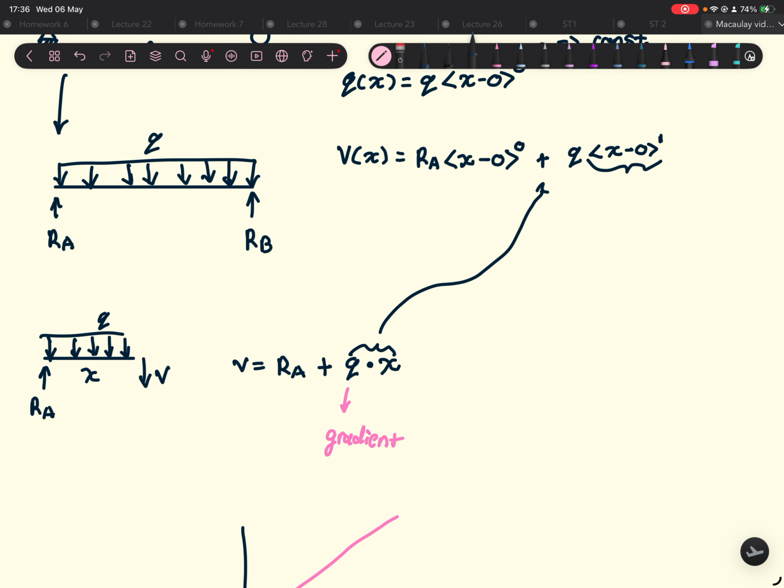So if we express the Macaulay function as a piecewise function, we're going to get this. Right, and then this.